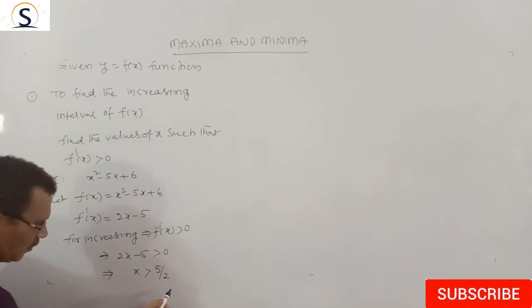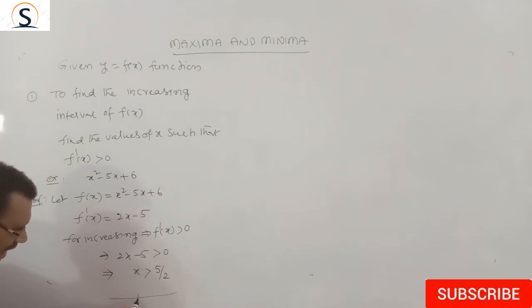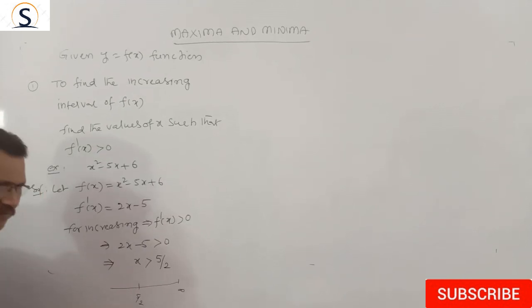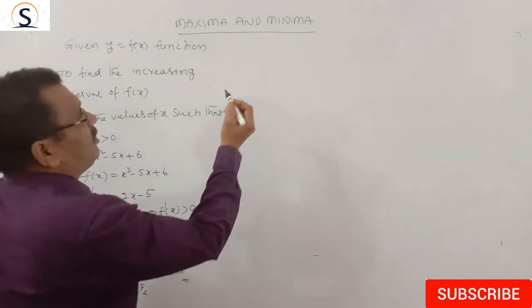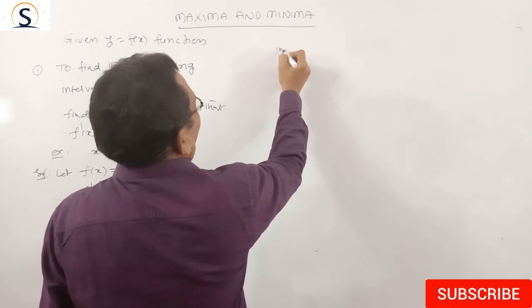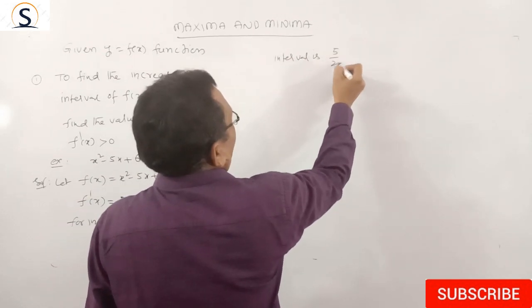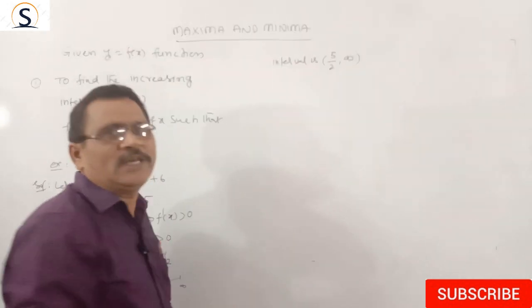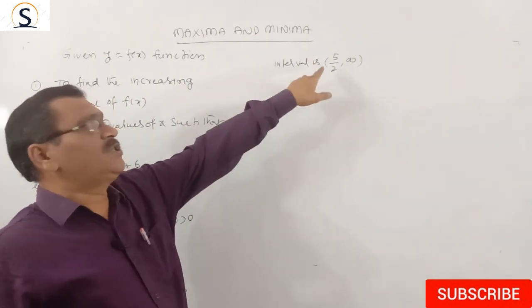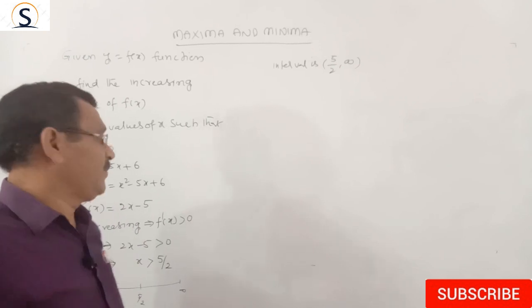Imagine this on a real line. More than 5 by 2 means up to infinity. Therefore the interval is 5 by 2 comma infinity. So in this interval the function is increasing.